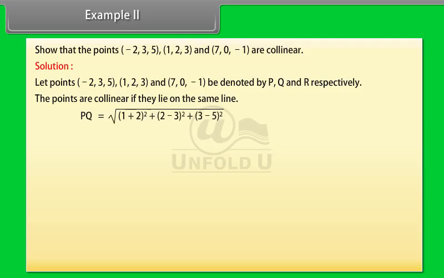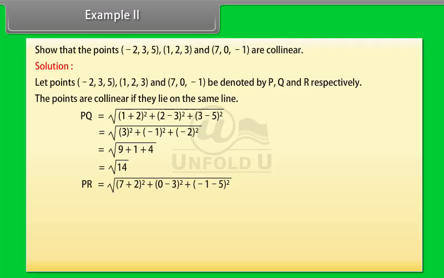PQ is equal to the square root of (1 plus 2) squared plus (2 minus 3) squared plus (3 minus 5) squared. After calculating PQ, we get square root of 14. PR is equal to the square root of (7 plus 2) squared plus (0 minus 3) squared plus (-1 minus 5) squared.